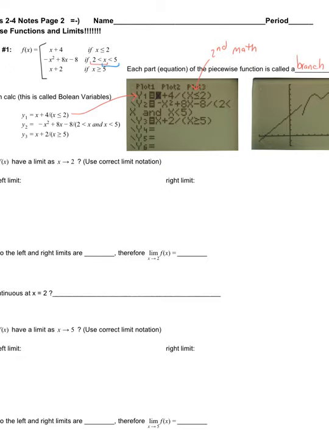All right, the second branch right here, negative x squared plus 8x minus 8. This has a different domain, but you want to break it into two parts. You want to break it into this part. I'm going to highlight it right here. So that means that 2 is less than x.